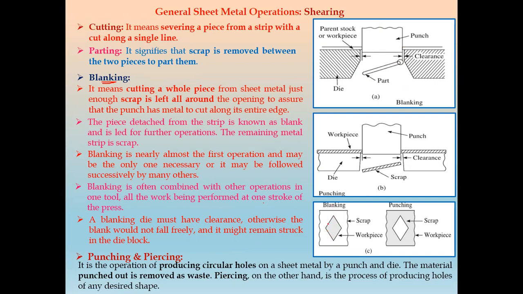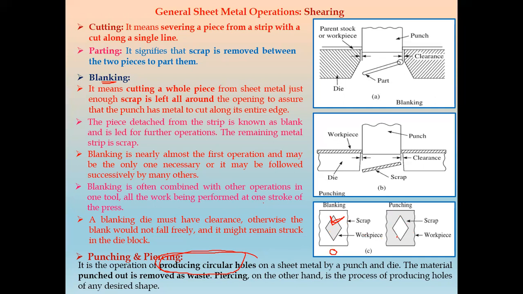But in the case of punching and piercing, it is the operation of producing only a circular hole. Okay, we can produce only a circular hole. So in the case of punching, we produce only this circular hole.